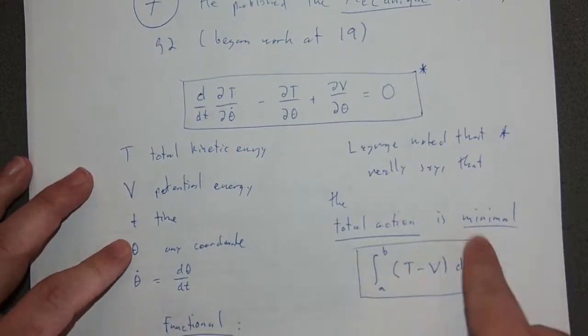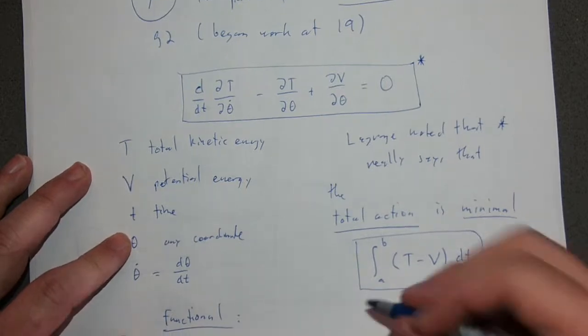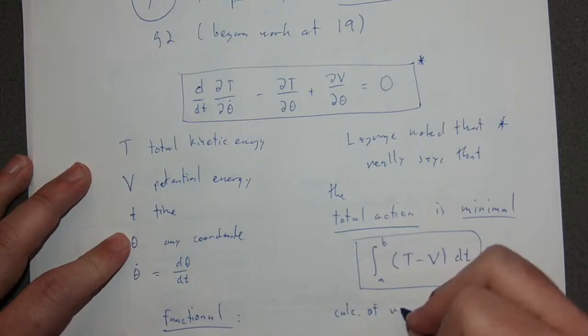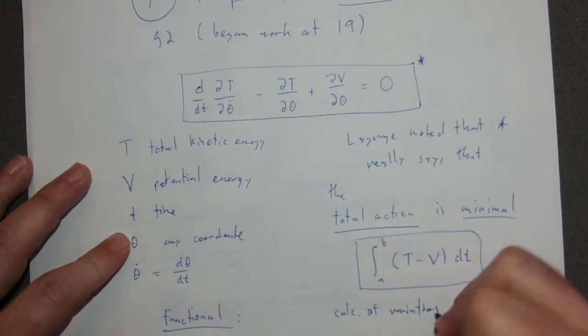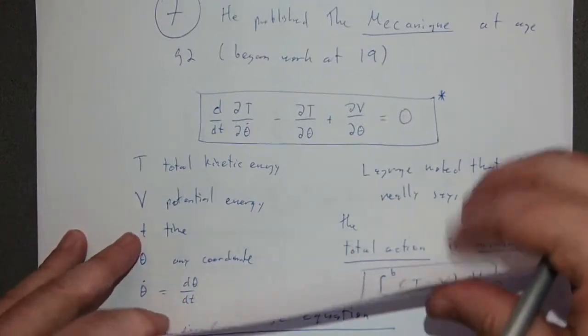And so in order to talk about how this is minimal, he basically had to discover calculus of variations. So this is where calculus of variations came in. Okay, so that was something else Lagrange did.